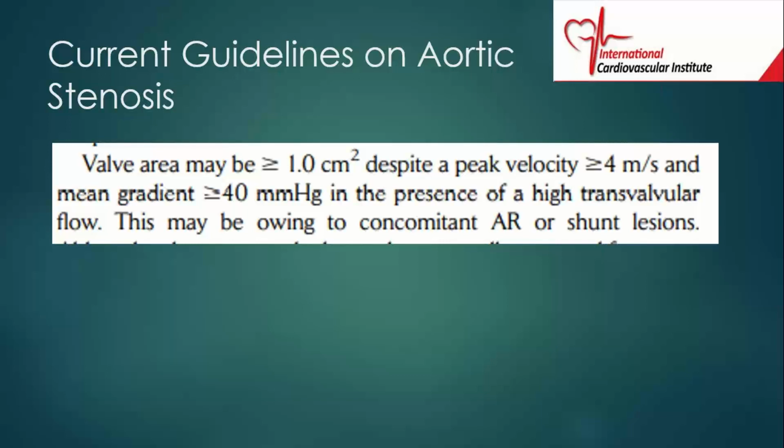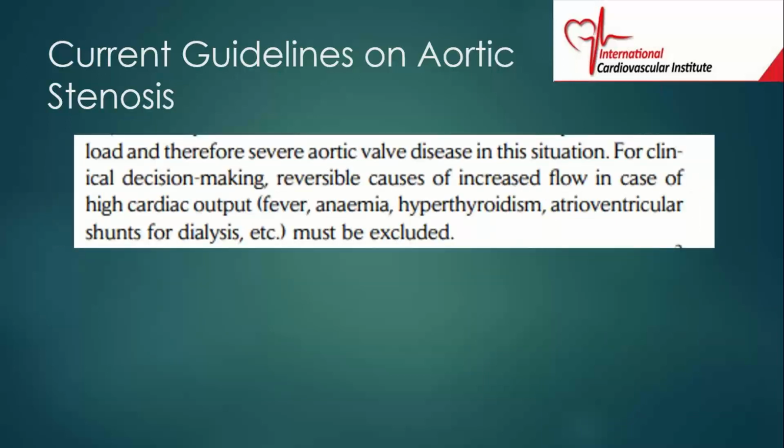That can give you increased blood flow, and hence an increased velocity and an increased gradient. If the patient is severely anemic, that can also give rise to increased blood flow. Hyperthyroidism, okay? A patient has a fever.